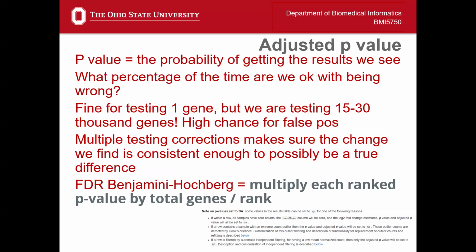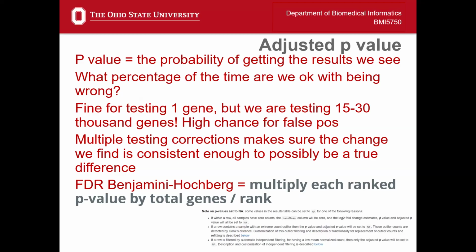We set a cutoff for our p-value to state what percentage of the time are we okay with being wrong. So we set it at 5%, and we say when we do this test for one gene, we're okay getting it wrong 5% of the time.